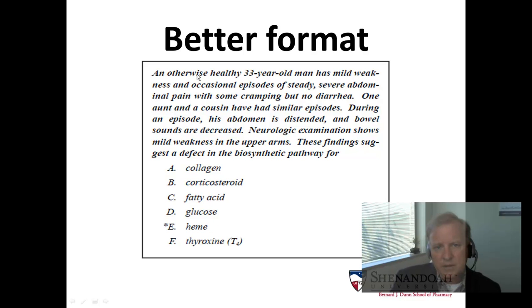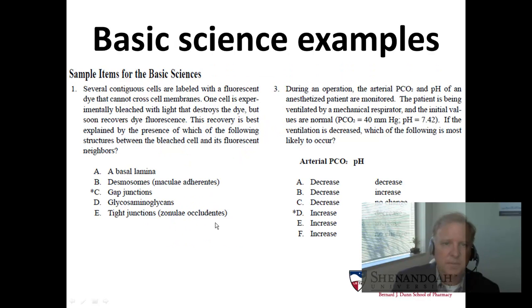So a good format here, you've got a vignette, describes patient symptoms, recent exam results. You get to make your choice what the answer is. Again, these are all from the NBME document. Vignette, choices. Vignette, choices. And notice that these are relatively higher order thinking skills here.